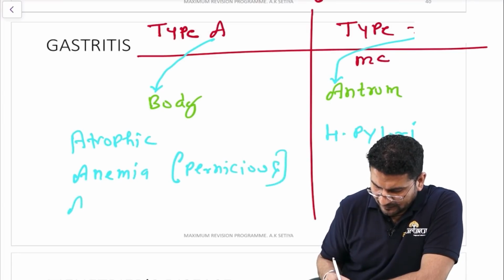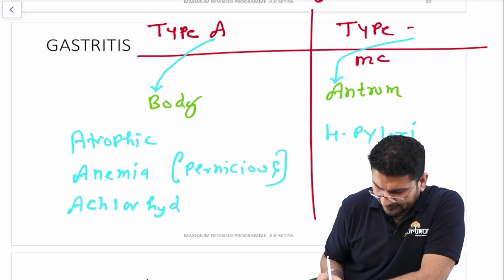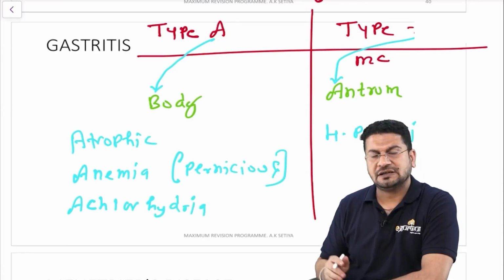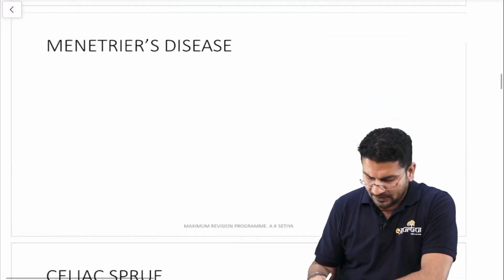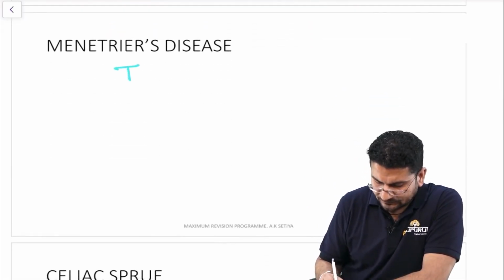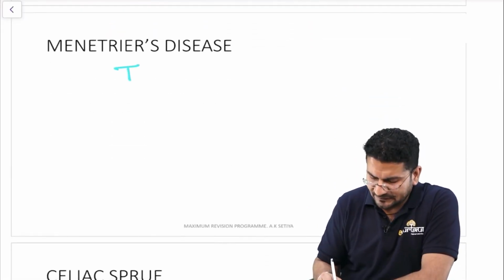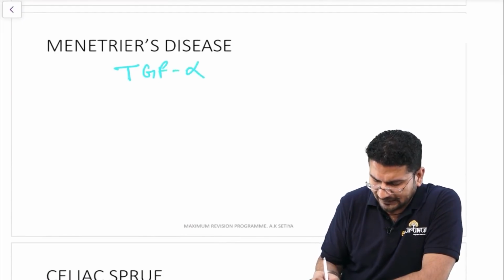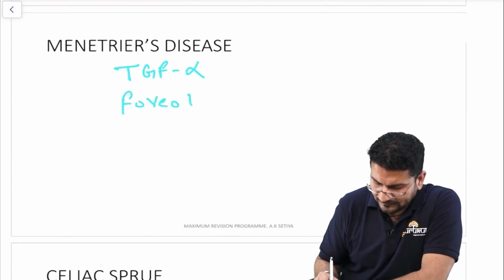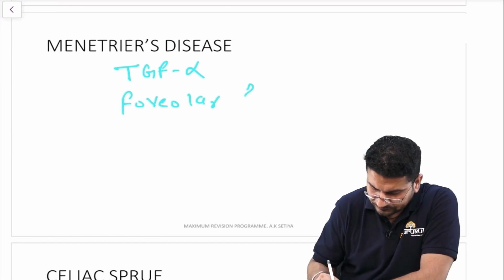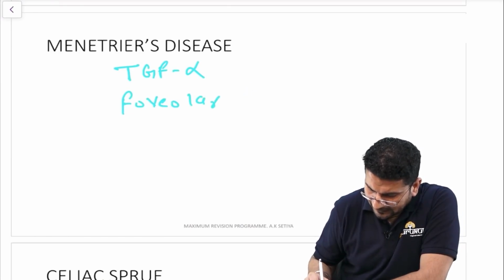And there will be achlorhydria, which means less HCl, because there are some antibodies that will destroy your parietal cells. Menetrier disease, right? So understand this, this is due to activation of TGF alpha. So we will see foveolar cell hyperplasia.